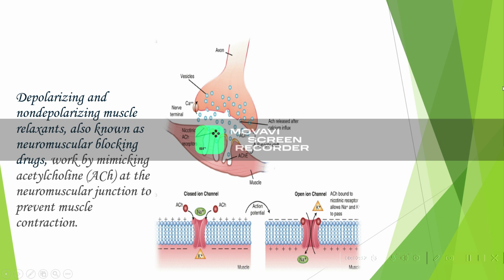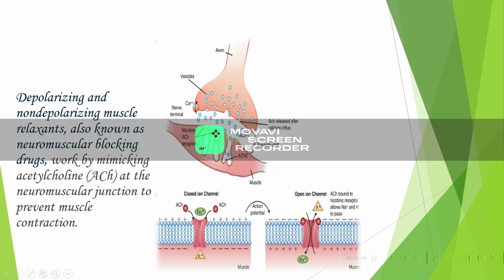Depolarizing and non-depolarizing muscle relaxants, also known as neuromuscular blocking drugs, work by mimicking acetylcholine at the neuromuscular junction to prevent muscle contraction. As we see here, the first picture is the neuron, and this is the muscle, and this is known as the neuromuscular junction. This neuron secretes acetylcholine, and the acetylcholine binds to the nicotinic receptor present in the muscle.